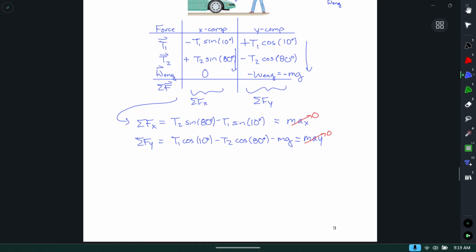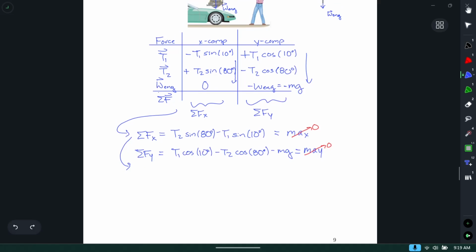So I'm going to take the first equation and write it in terms of T2 and then substitute that into the second equation. So for my first equation, since it's T2 blah blah blah equals 0, I'll rearrange that to say T2 itself is equal to T1 sine of 10 degrees over sine of 80 degrees. I'm just solving that first equation for T2.